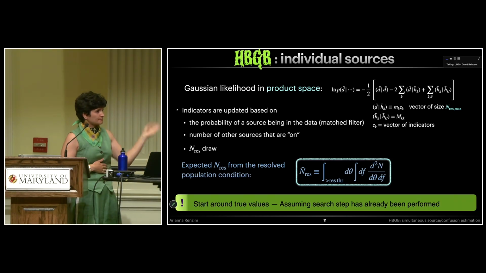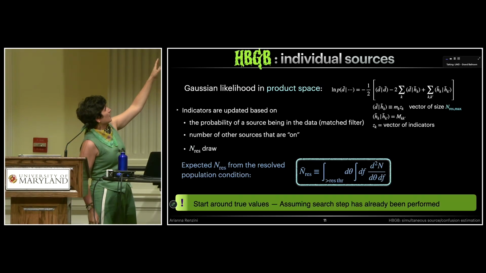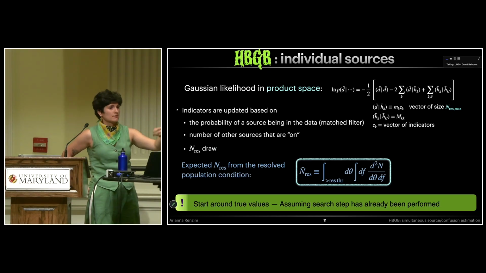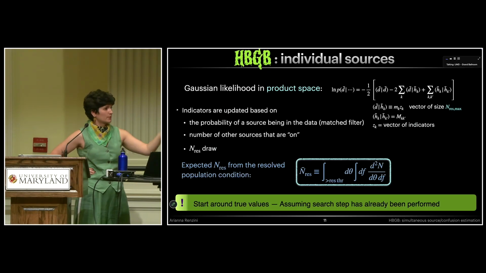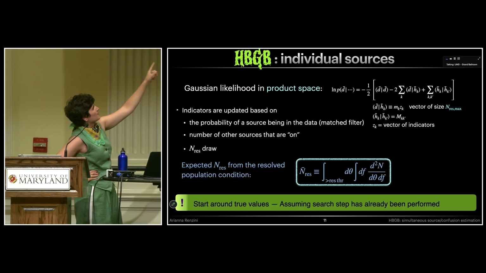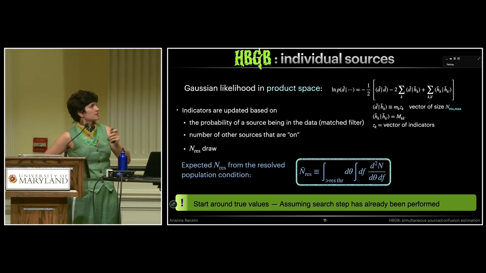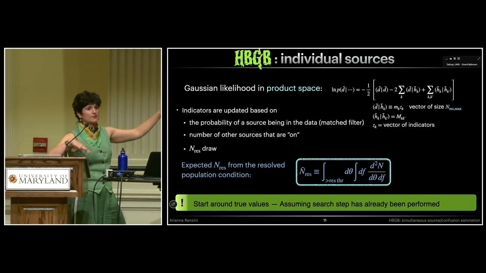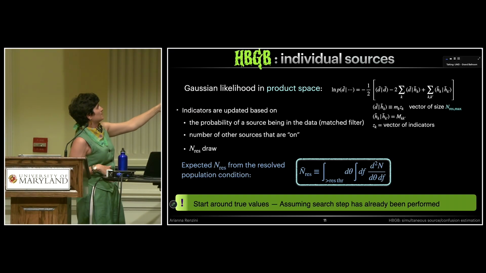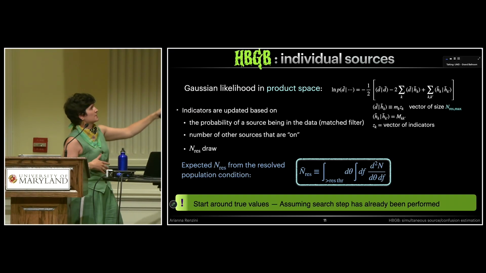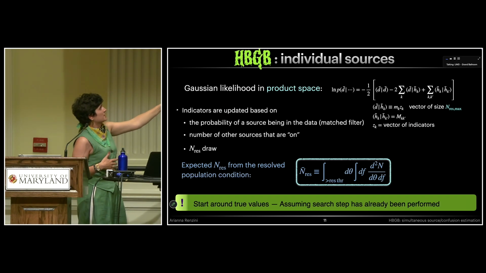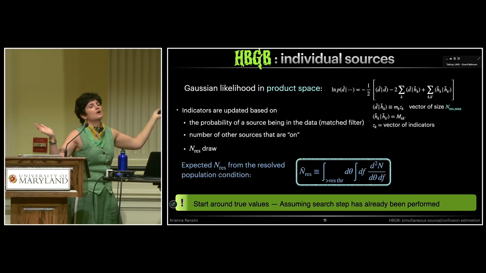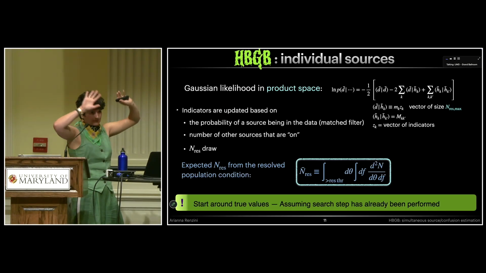That is regulated through the number of resolvable sources, which is drawn from an expectation value of the number of resolvable sources that comes from the population. So this is really the heart of the first half of HBGBs, the relationship between the expected number of resolvable sources and the population. So it's the integral over the entire population thresholded by some resolvability threshold choice.